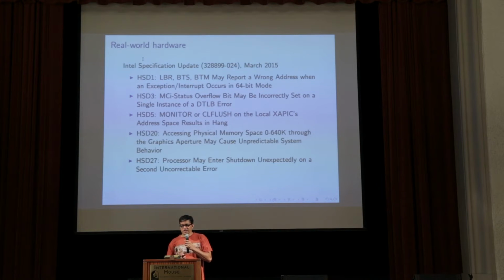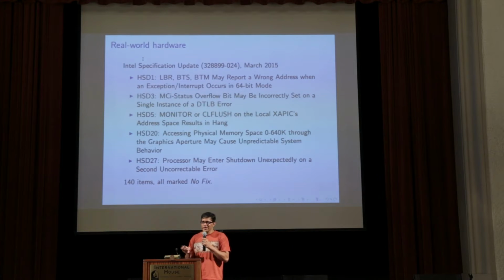Various instructions may cause a hang. Accessing memory may cause unpredictable system behavior. Processors may enter shutdown unexpectedly. So this is from March 2015, and there are 140 items in that specification update, and all have been marked no fix. There are no plans to fix any of this.